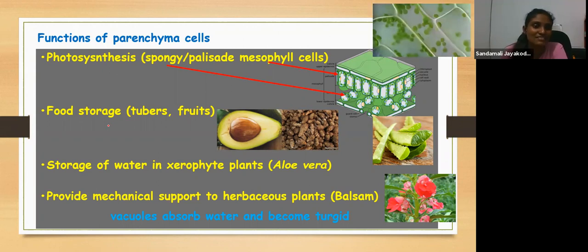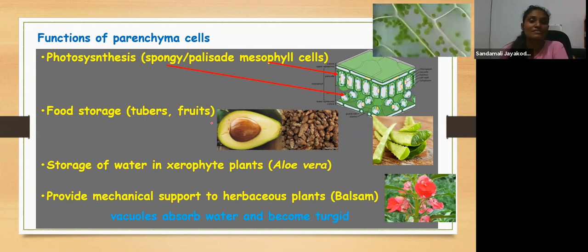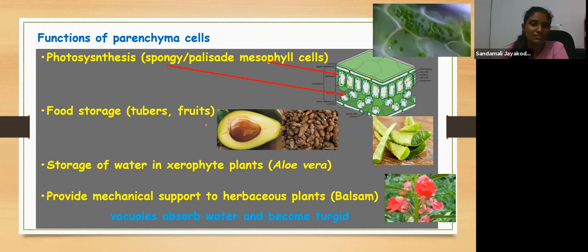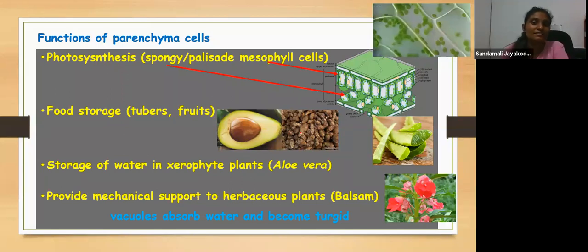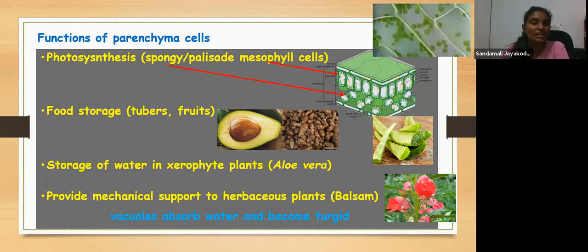And then the next function is food storage. Here in tubers and in some fruits, the parenchyma cells are storing food. That is their next function. Mostly in yams and potato, we know that the potato tuber is made up of parenchyma cells.